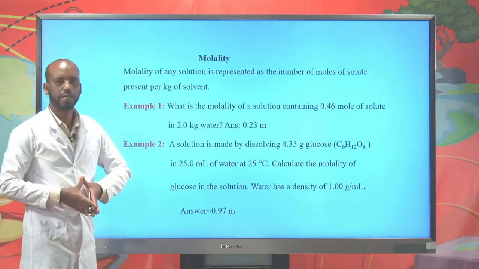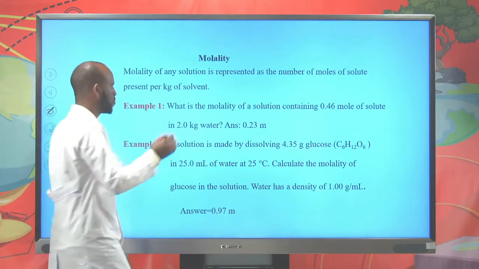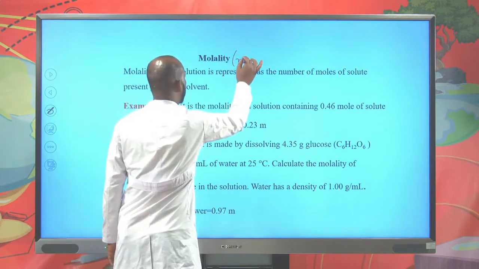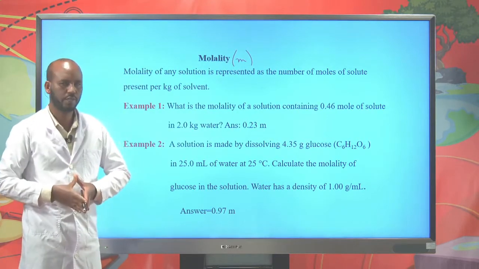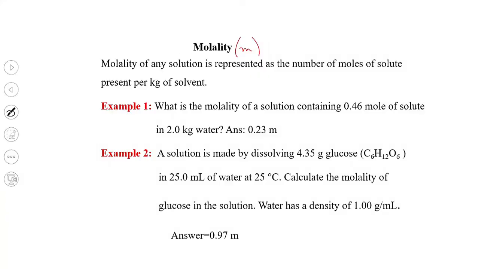Molality is denoted by the symbol small m. Molality of the solution is the number of moles of solute per kilogram of solvent.